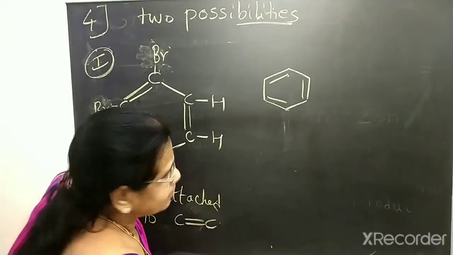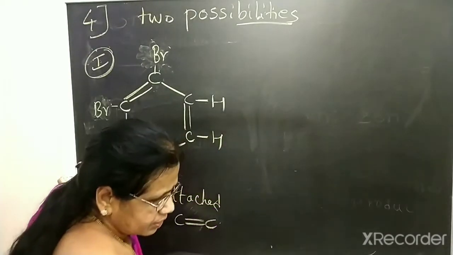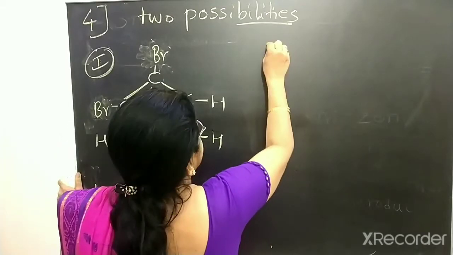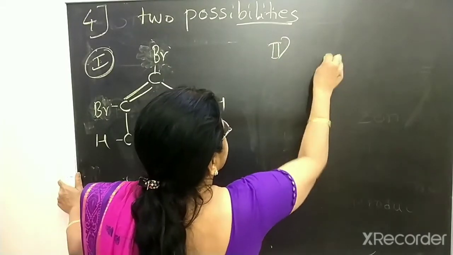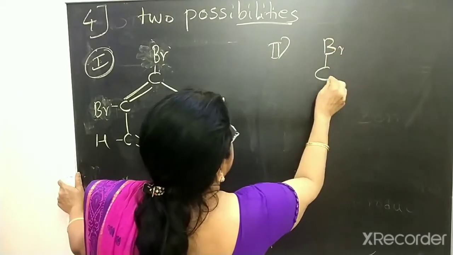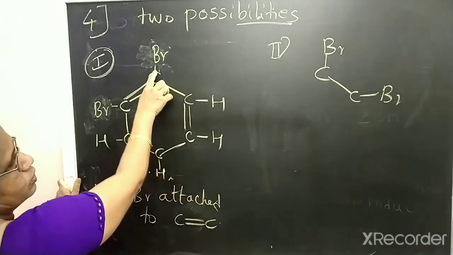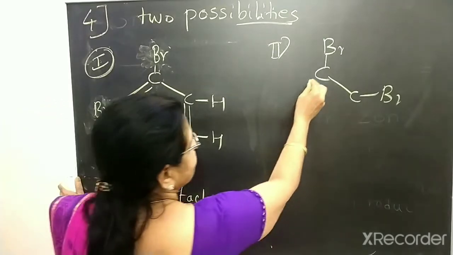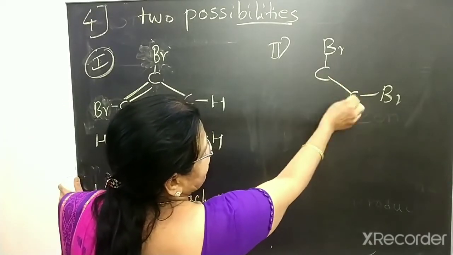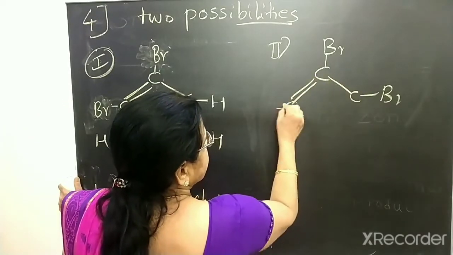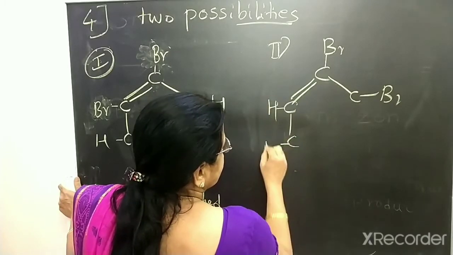And in the other possible structure, if this hydrogen and this hydrogen are replaced by Br, then the 2 Br are attached to the carbon-carbon single bond. Like this.